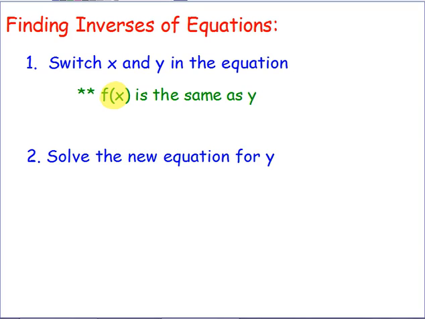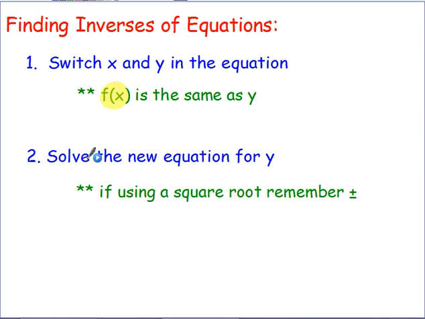Then solve the equation that you now have for y again. And there is a little note here, if you are using a square root, you want to remember a plus and a minus sign. So we're going to start out simple. We're going to start off with as easy as we can and then work up to harder questions.